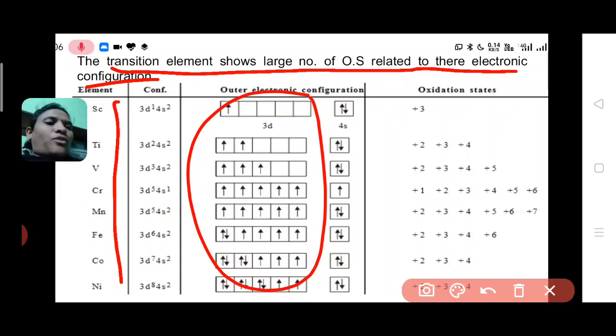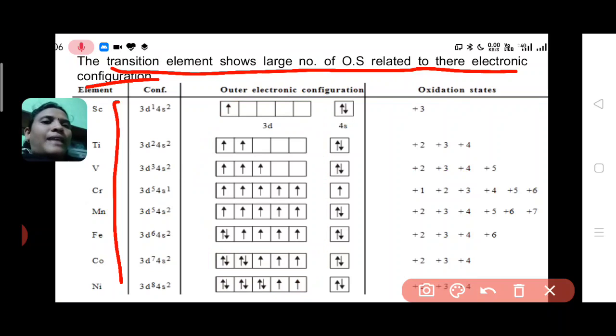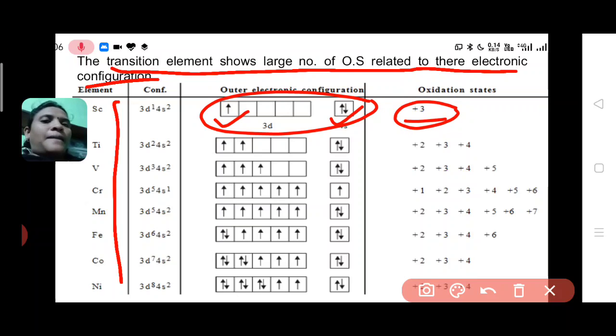See this electronic configuration. Scandium can lose one electron or 2 electrons. So scandium can acquire a total of +3 oxidation, as there are a total of 3 electrons in its electronic configuration. That's why scandium can acquire +3 oxidation state.